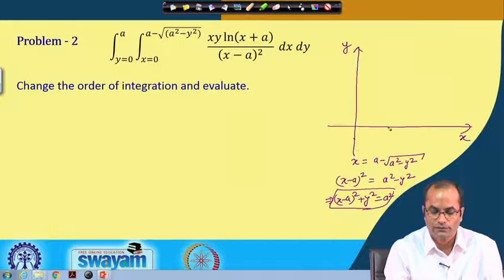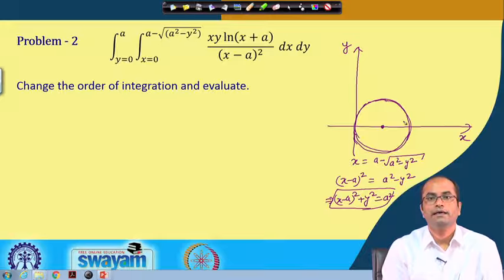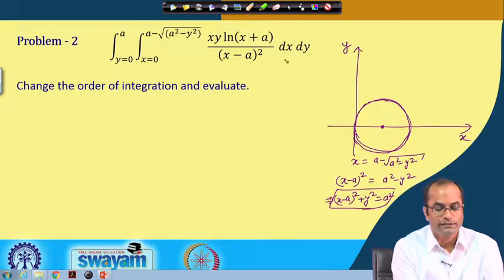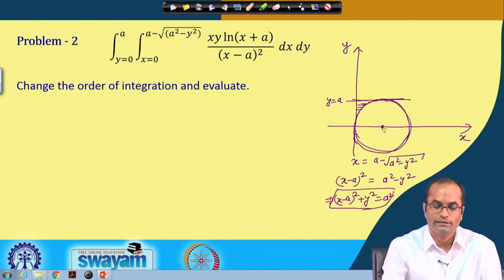So, x is equal to a. This is the center, a and 0 is the center, and a is the radius. So, this is going to be somewhere here. So, we have this circle of radius a, and now if we look at the integral limits, for x it goes from 0 to the circle, and in the direction of y, it is exactly going to y is equal to a, that is the radius of this circle.